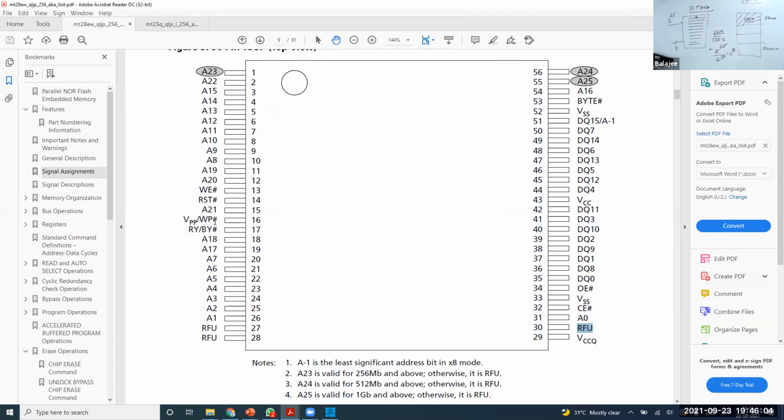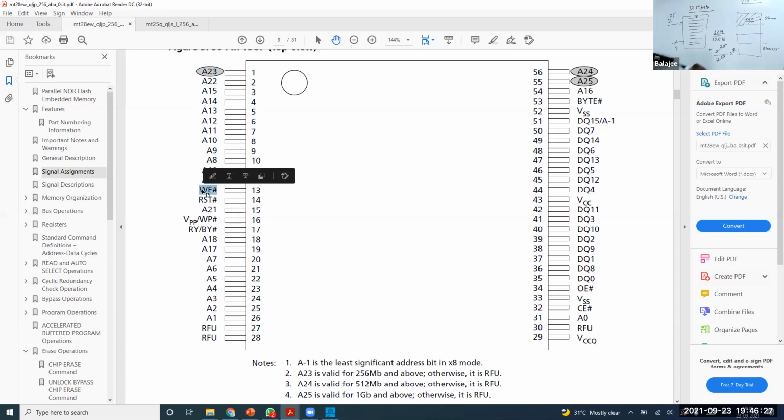Then this is ready or busy. That means you give a command, and it will know whether it is complete or not. Then the next one is write protect. Then it is reset, and the reset will reset the whole chip.